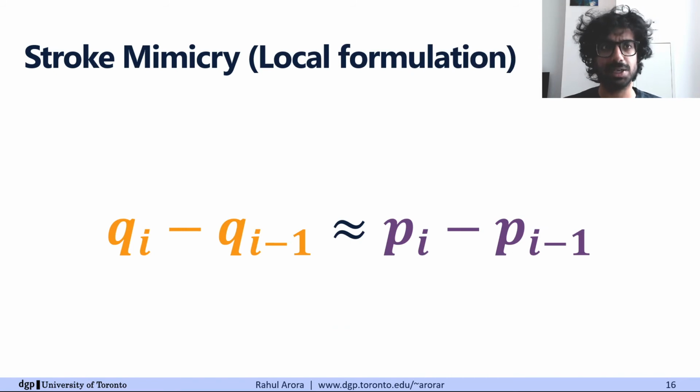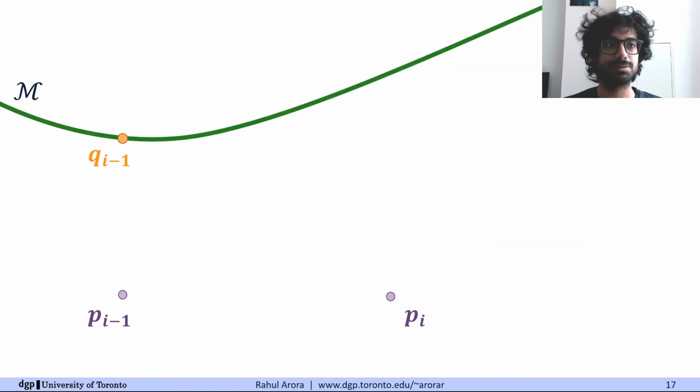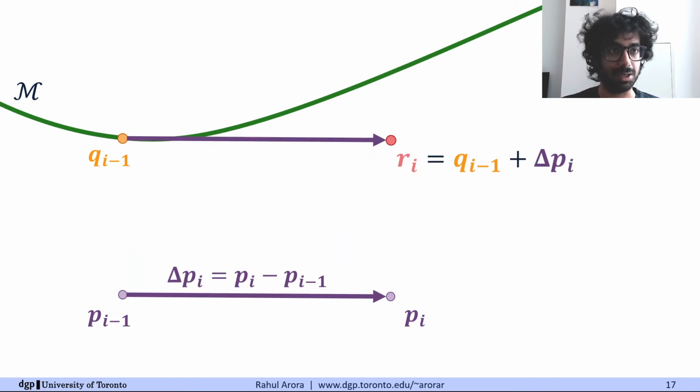Looking at this locally, say we have solved for Qi-1 and we want to find Qi, we want the vector difference between the two to match the difference between Pi and Pi-1. For this, we look at this vector delta P and add it to Qi-1 to get the anchored point Ri. Notice that delta P is small, typically around a couple of millimeters.